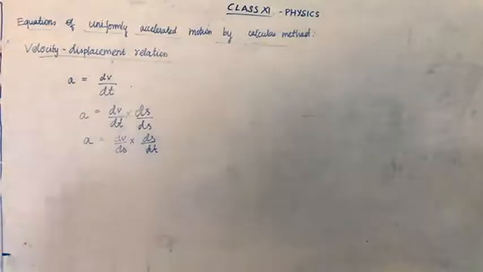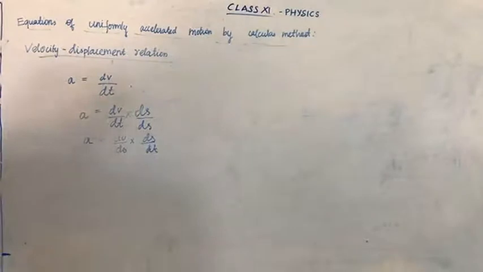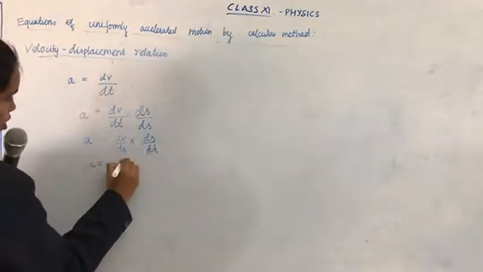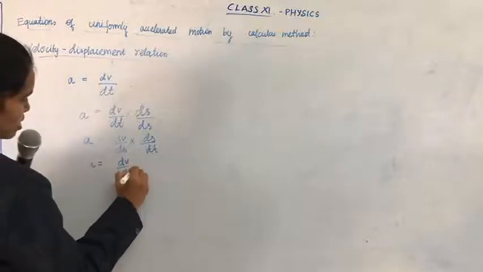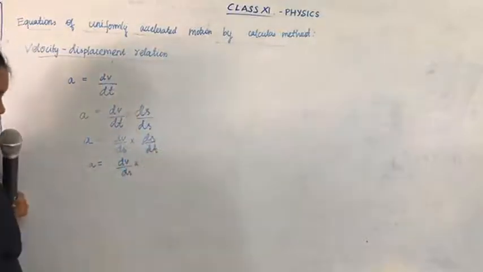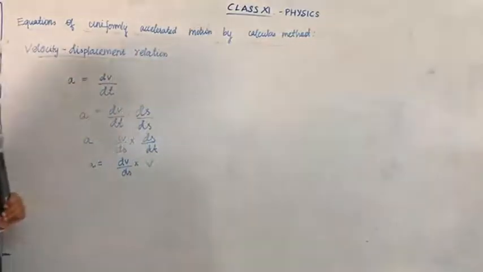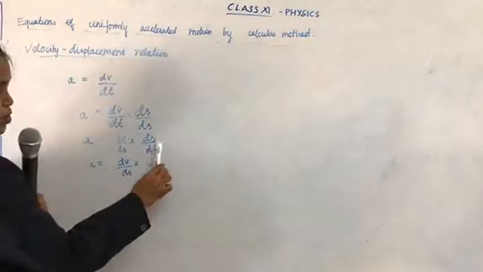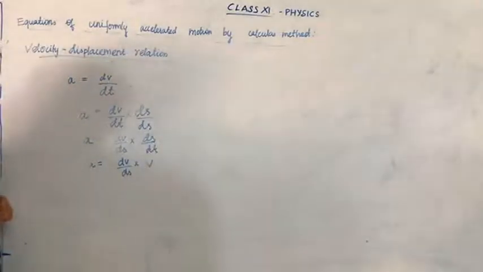Have you written? Here ds by dt is displacement by time, which is v, the velocity. Velocity equals displacement by time taken, so v equals ds by dt. Put it like this.